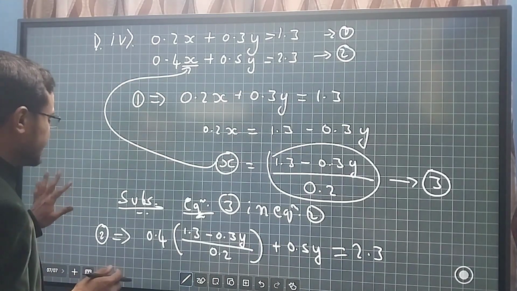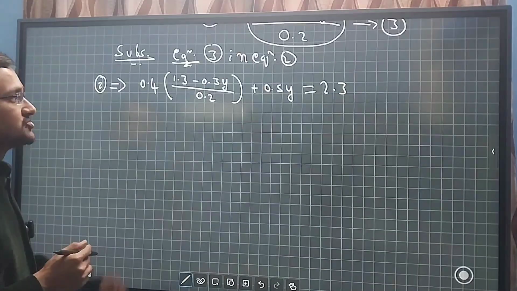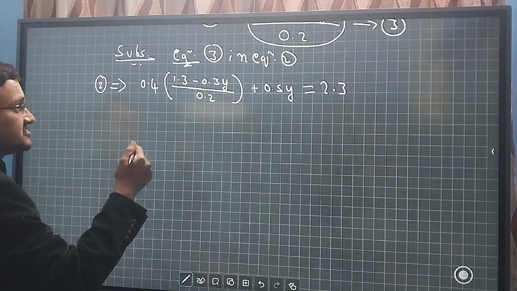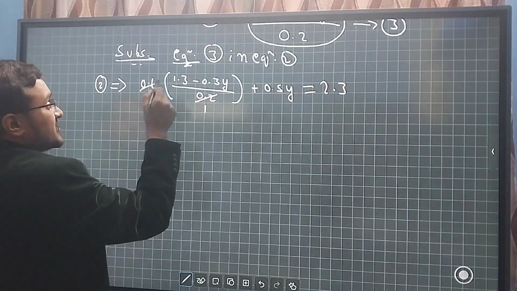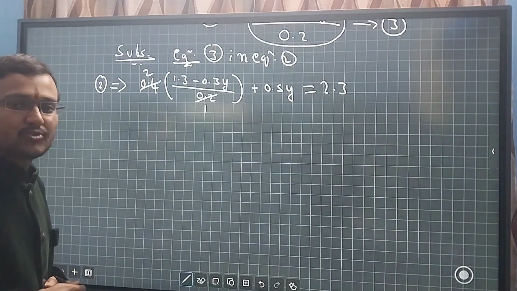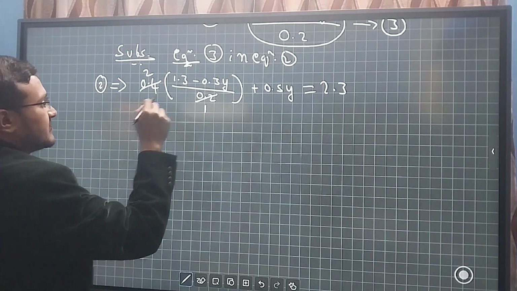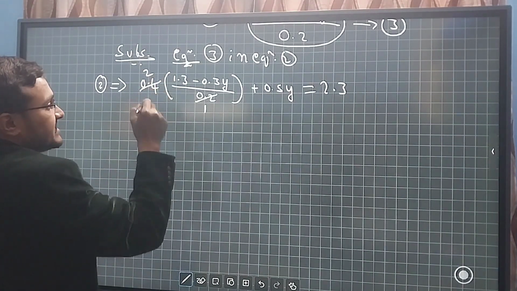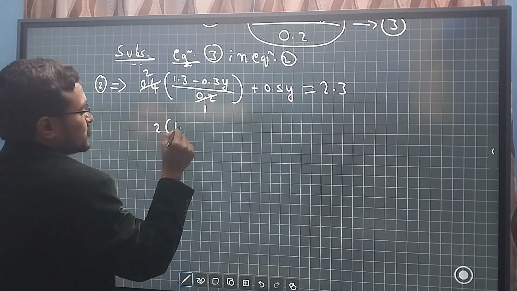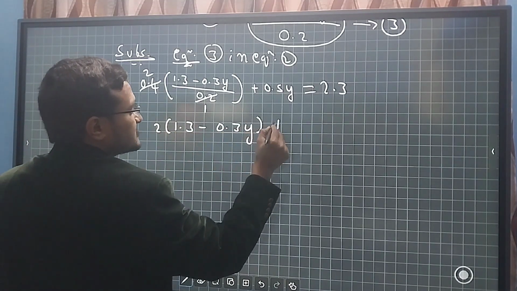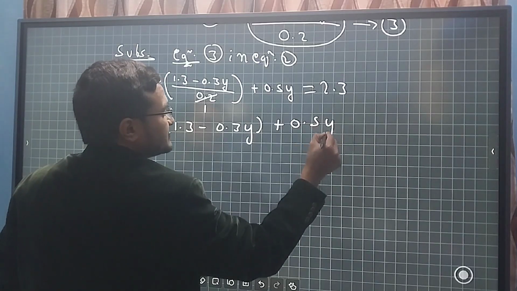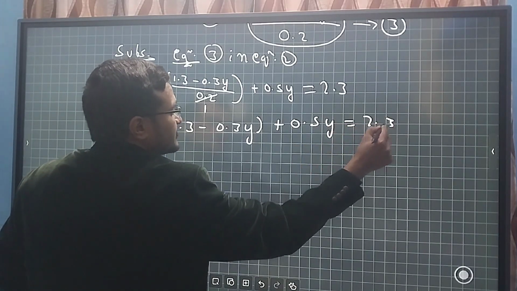Now in the next step, after getting this, we'll simplify. 0.2 ones are 0.2, 0.2 twos are 0.4. So now 2 will be there outside the bracket. So 2 into 1.3 minus 0.3y plus 0.5y is equal to 2.3.